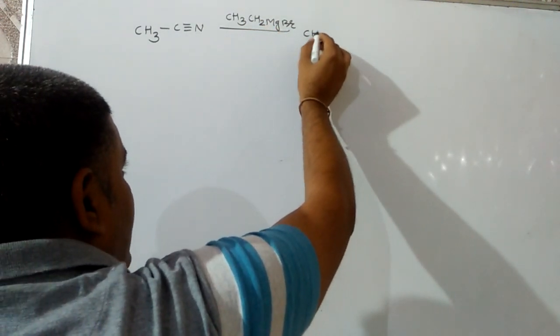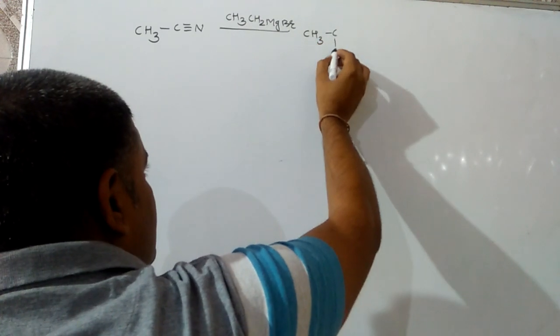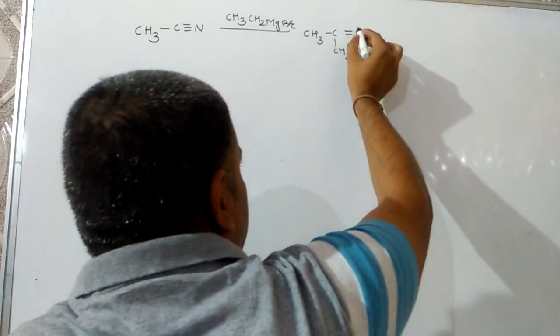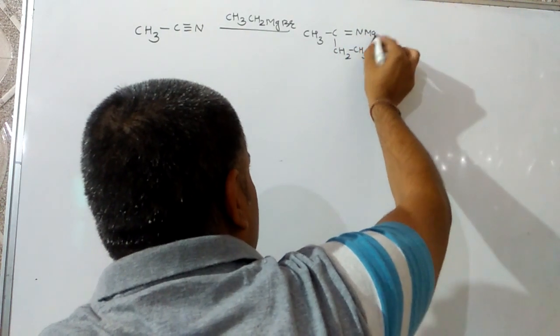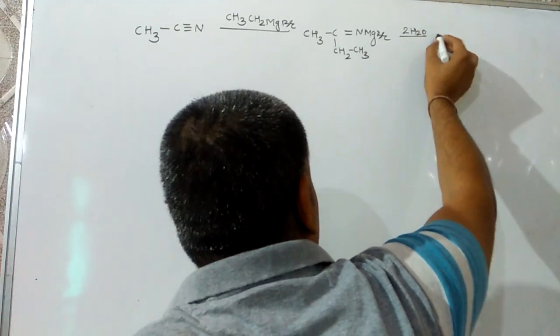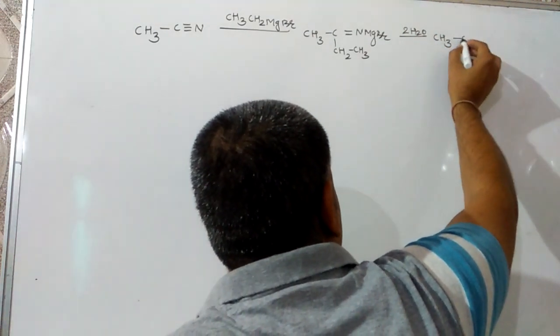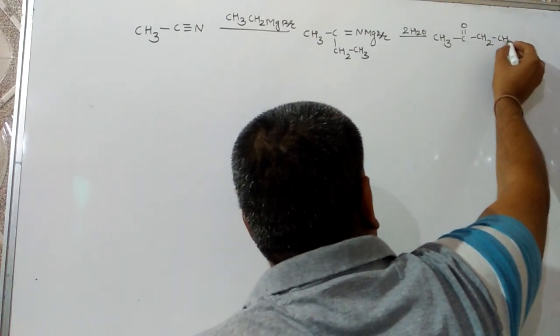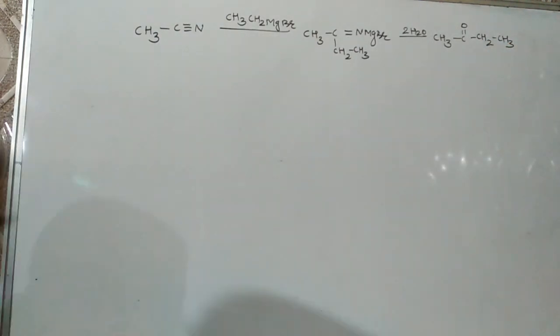Then addition will take place, giving CH3C(CH2CH3) double bond NMgBr, and this on addition of 2 moles of water gives you butan-2-one plus ammonia plus Mg(OH)Br.